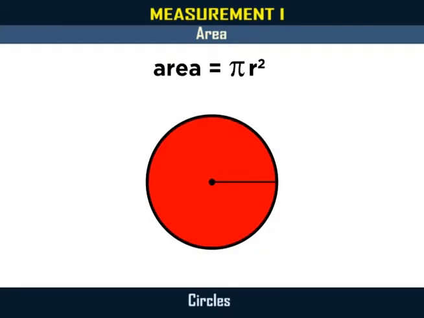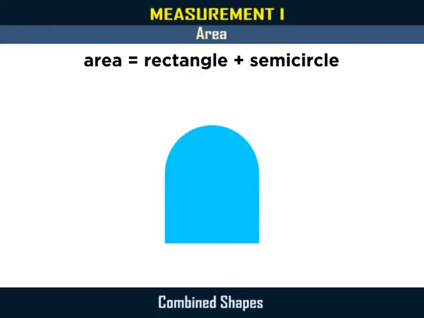With circles, area is given as pi times radius squared. For a circle with radius 3 meters, the area will be 28.26 meters squared. Knowing this, we can calculate more areas of irregular figures, like this one with a rectangle and a semicircle.